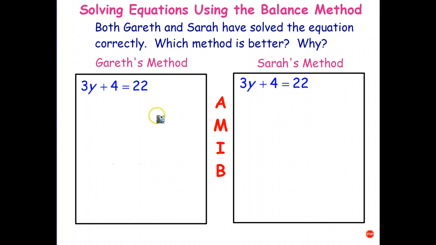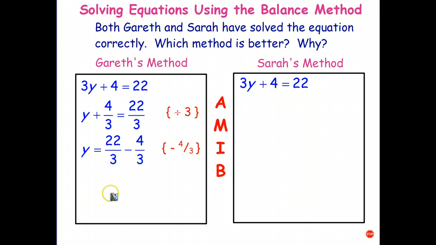Let's see what happens when he doesn't use the order of operations in reverse. It turns out he's not incorrect. He divides 3y by 3 to get y. 4 divided by 3 is just 4/3. And 22 divided by 3 is 22 over 3. So that's still equivalent to that. But obviously it's much more complicated. It's actually made the equation look more complicated rather than simpler.